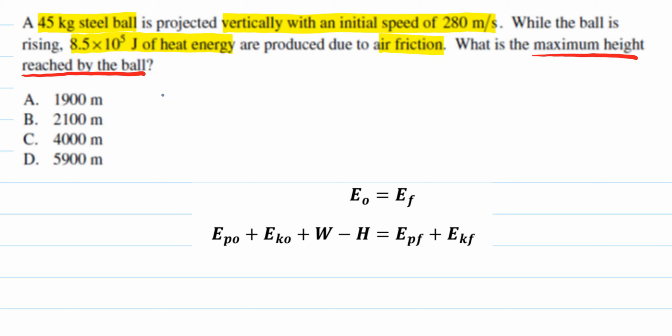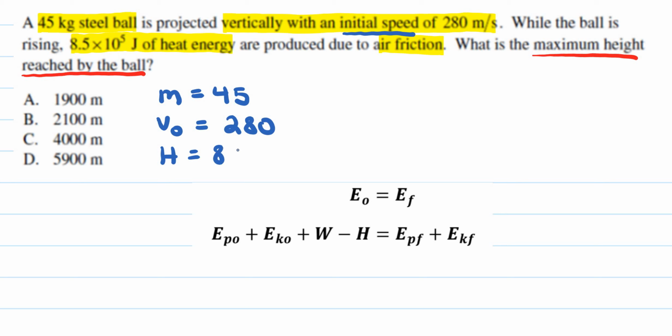So if we collect some information, the mass is going to be 45 kilograms, and our initial speed is going to be 280 meters per second. That generally means if you're given an initial speed, you can definitely find your kinetic energy at the beginning. And the heat energy produced in this problem is 8.5 times 10 to the power of 5 joules. And we want to find the maximum height reached by the ball.